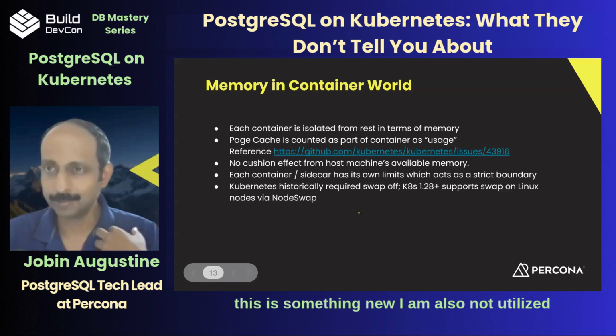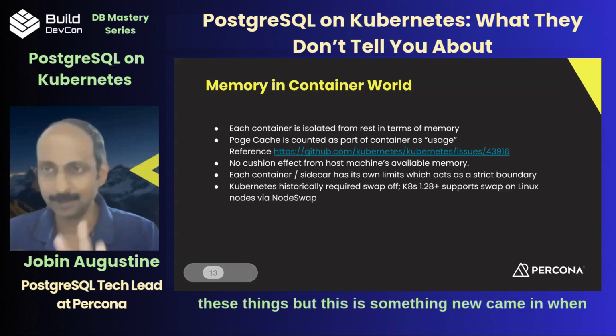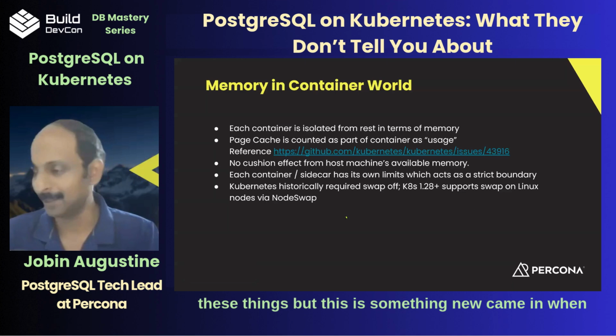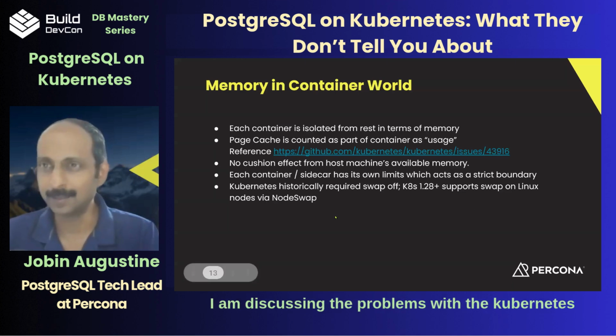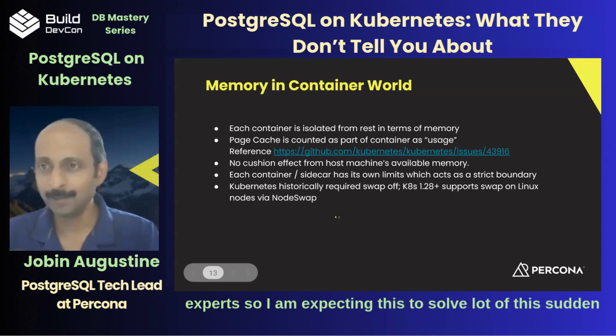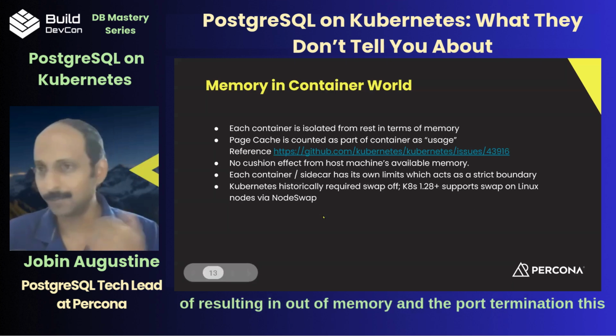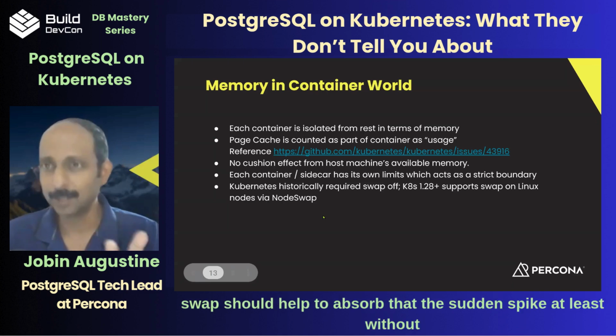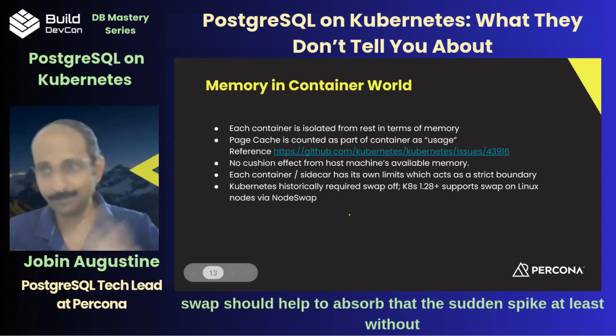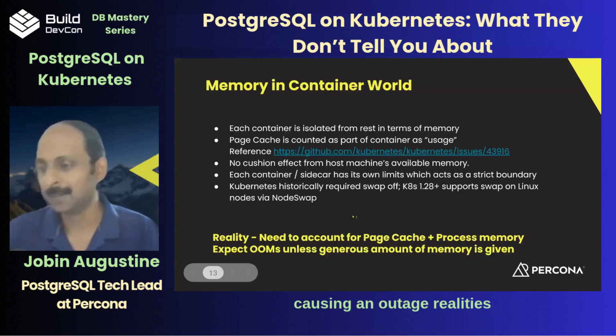I have also not utilized these things, but this came up when I was discussing the problems with Kubernetes experts. I am expecting this to solve a lot of these sudden spike handling cases. Instead of resulting in out of memory and pod termination, this swap should help to absorb that sudden spike, at least without causing an outage.